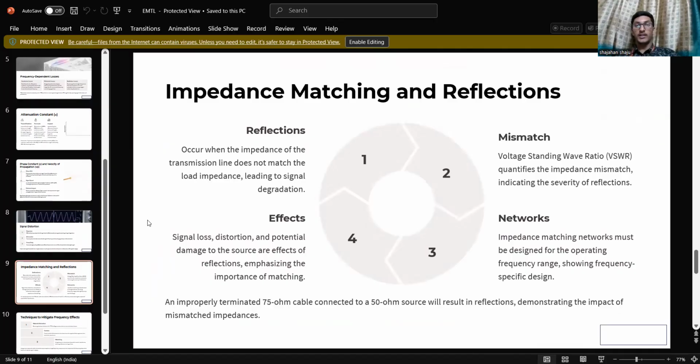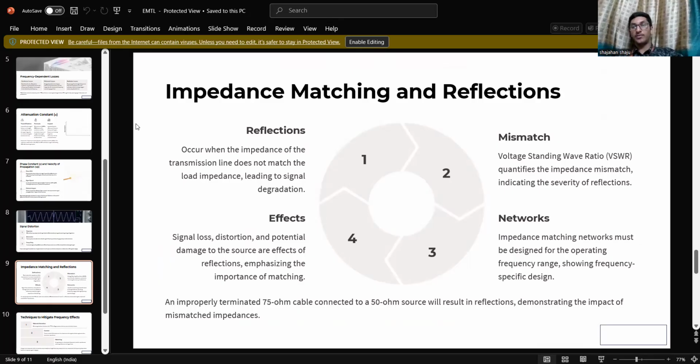Impedance matching and reflections. Reflections occur when the impedance of the transmission line does not match the load impedance, leading to signal degradation.